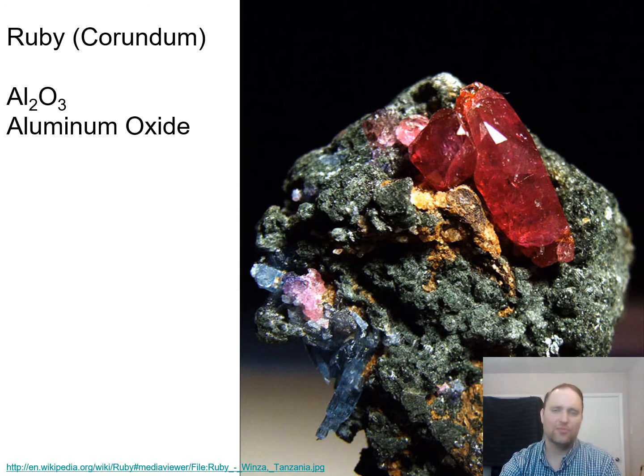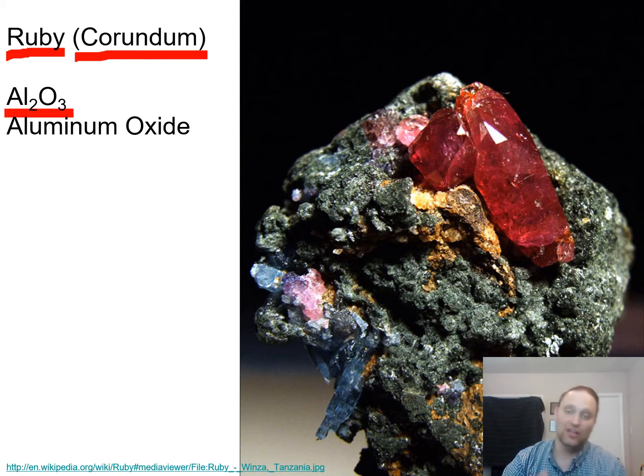So looking at other minerals that do come in many colors, of course, there is corundum. Now, corundum is just the name of the mineral. However, if it's kind of a reddish variety like this, then we call it ruby. And so ruby is just the gem quality version of corundum that happens to be red. But all corundum is just aluminum oxide.